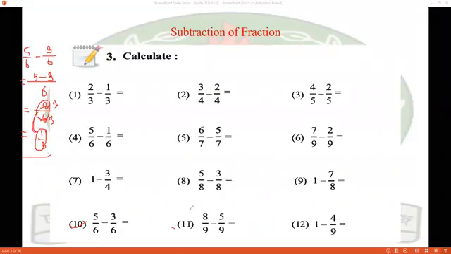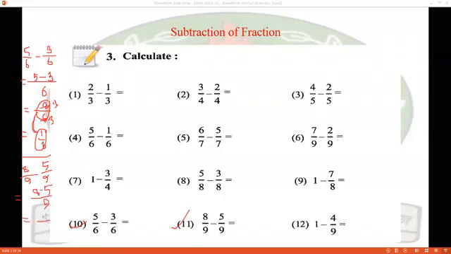The number 11, there is 8 by 9 minus 5 by 9. So it will be 9. We write 8 minus 5.